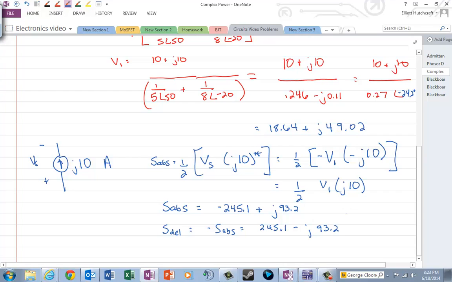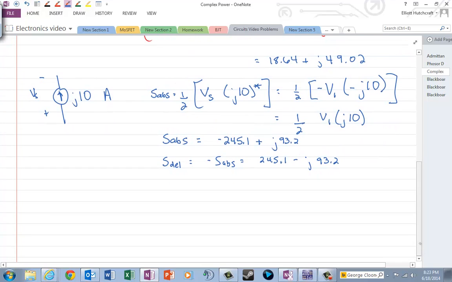Now this problem specifically asks for the average power. The average power is the real part, so it's P plus JQ. This is reactive power, this is average power.